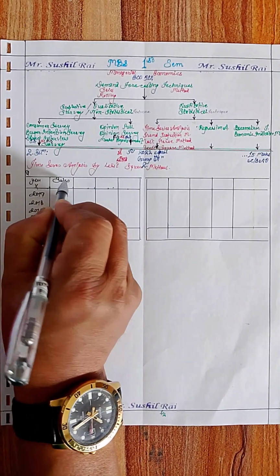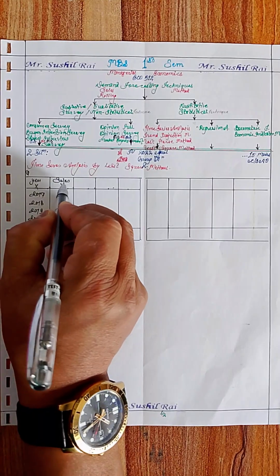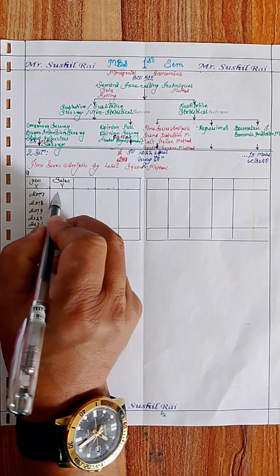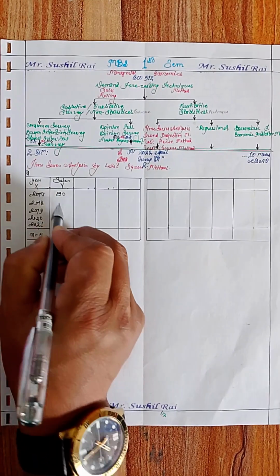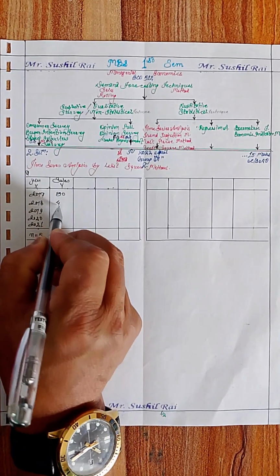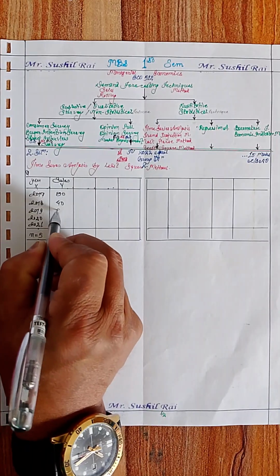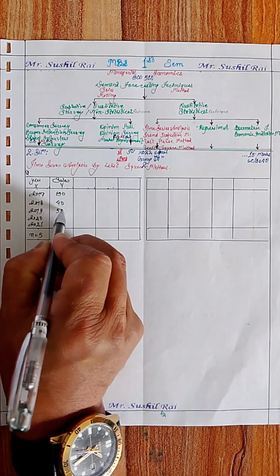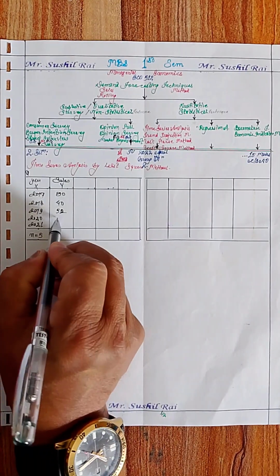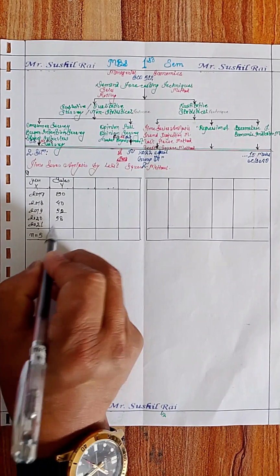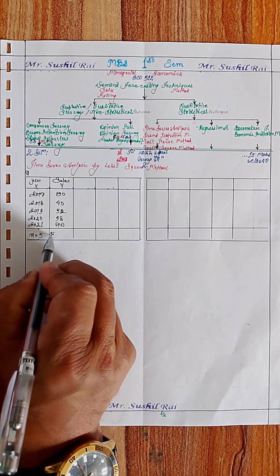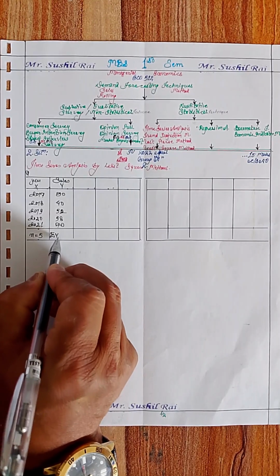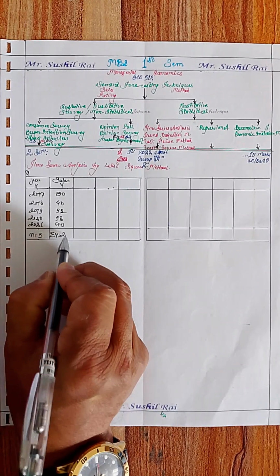Sales Y: 30, 40, 52, 58, 70. Summation Y is equal to 250.